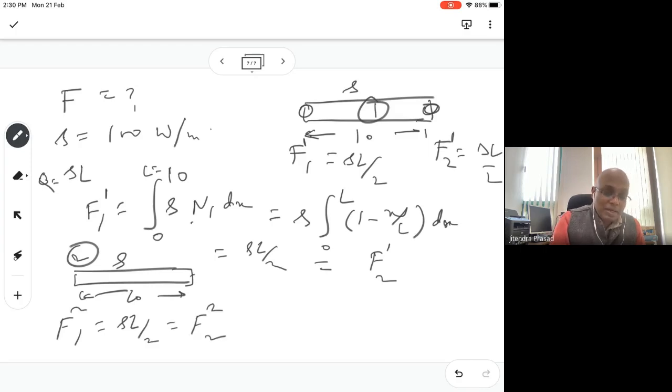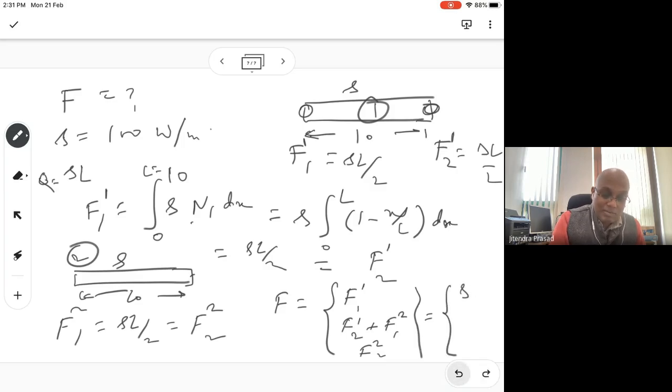And hence F is equal to, what will you get? First will be F1,1, F1,2 plus F2,1, and then F2,2. Which will be equal to SL over 2 times [1, 2, 1], where L is equal to 10.